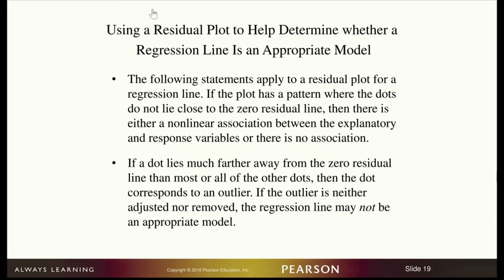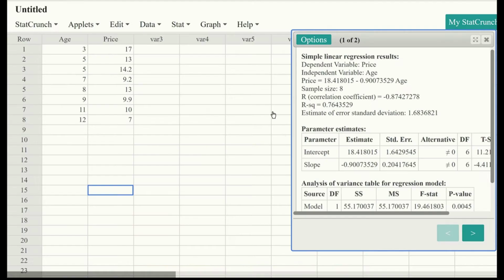Next, we want to look at what's called the residual plot to help determine whether a regression line is an appropriate model. Remember, I told you we'll go back to what we did in StatCrunch. This is when we want to do that right now. If you recall, we had already done all this work, right? We put our data values in here, and then we did the plot. We found the linear regression line.